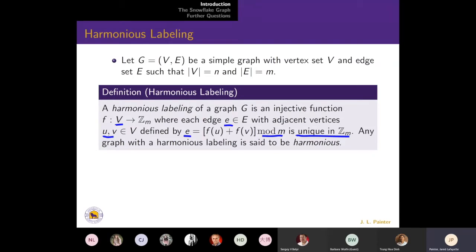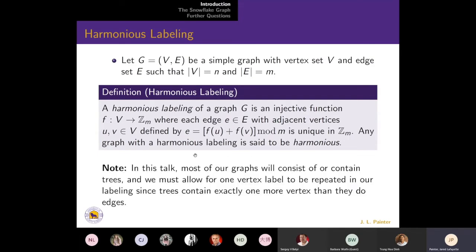So after we add up the sums of all adjacent vertices to label our edges, we have to get a unique set of labels for all those edges. And any graph with a harmonious labeling is said to be harmonious. For this particular talk, pretty much most of the graphs, other than one example, are going to either consist of or contain trees.